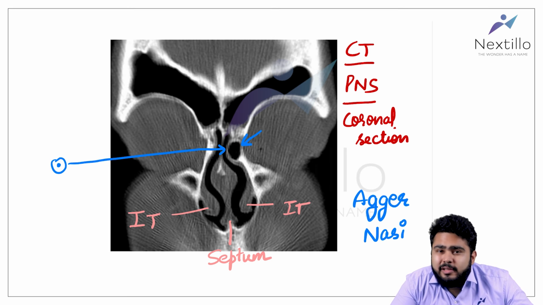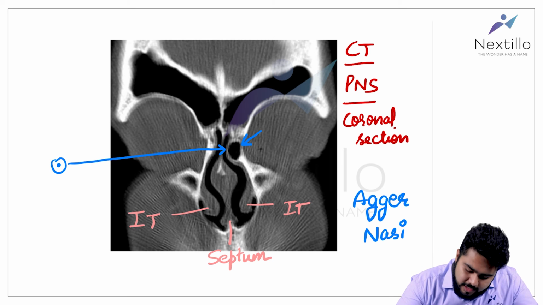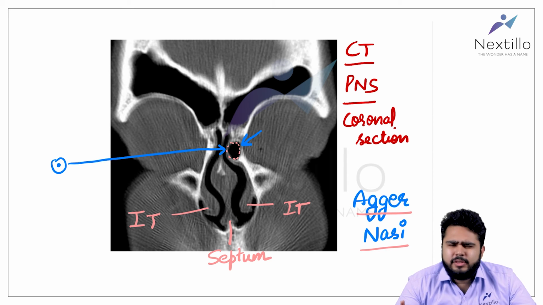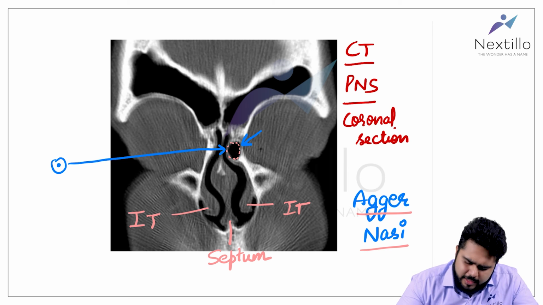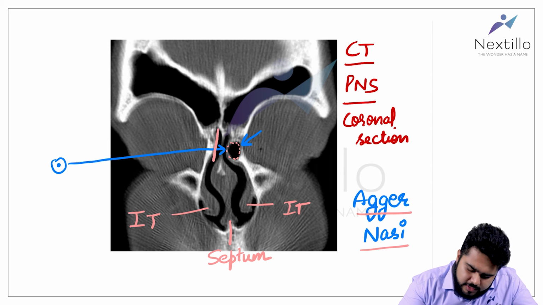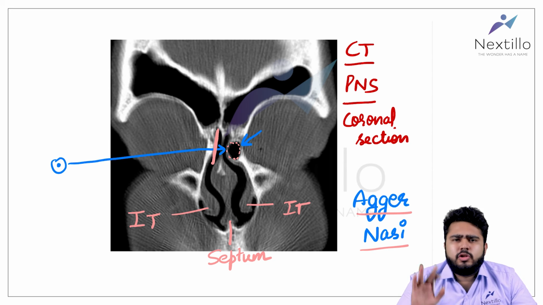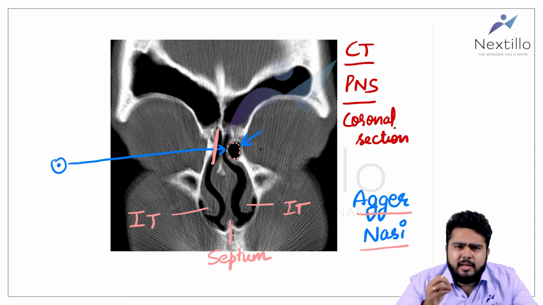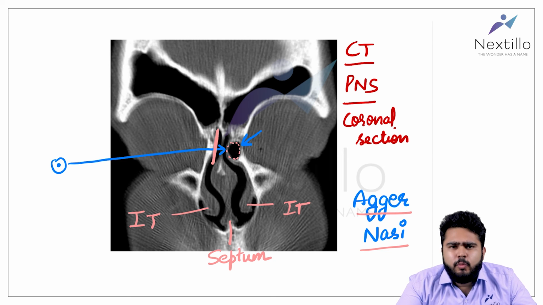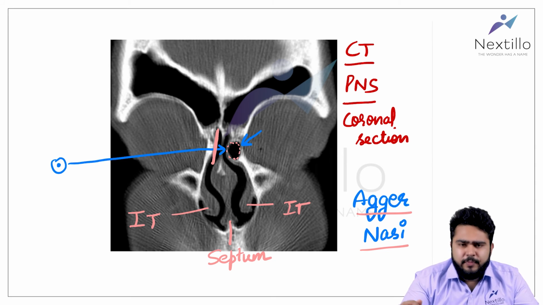But there is no middle turbinate seen till now. So, when middle turbinate is not seen and there is pneumatization here, an air cell is seen, this is called the agar nasal. It's very easy to identify. If you see multiple air cells over here and there is presence of middle turbinate, then this is not the agar nasal. This will be ethmoidal air cell, a part of the ethmoidal sinus. For now, this is agar nasal.